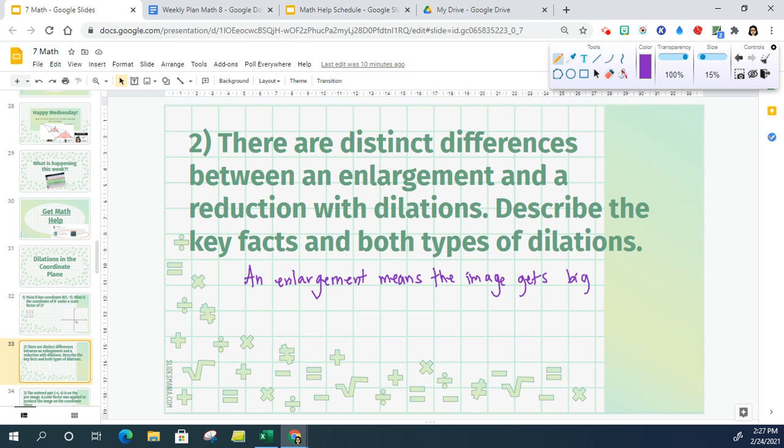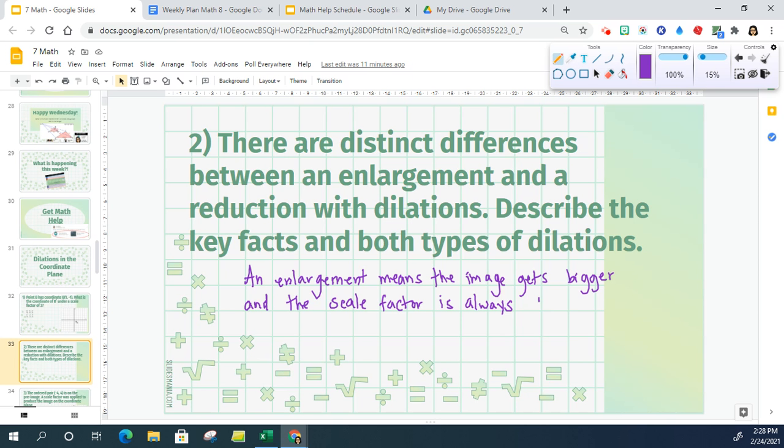In enlargements, what kind of scale factors do enlargements have? Check your cheat sheet, it tells you. Look at the cheat sheet I gave you guys.